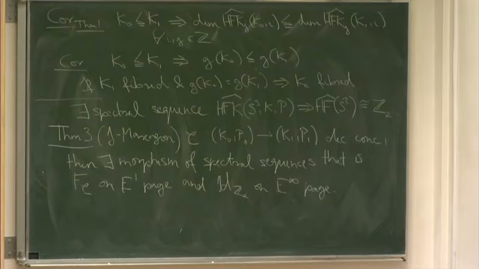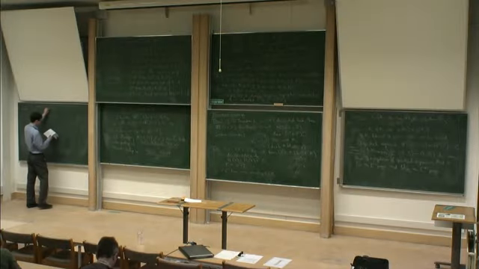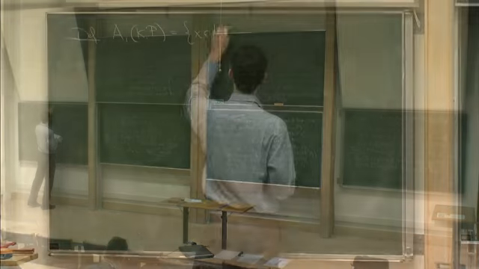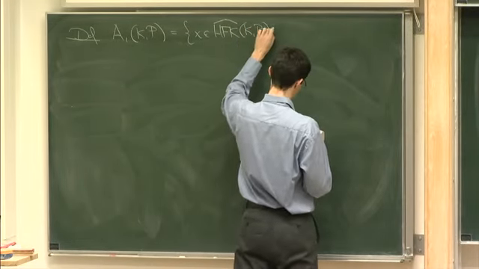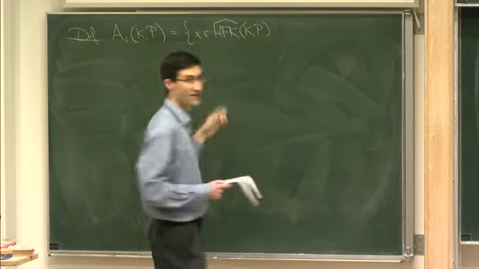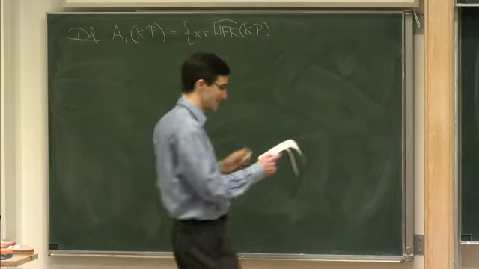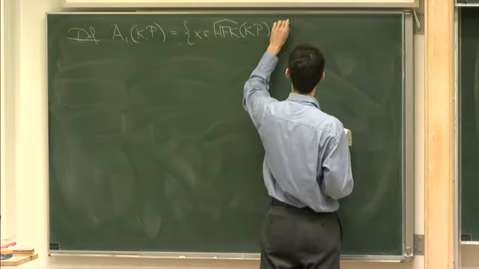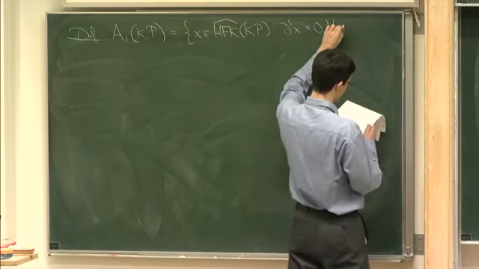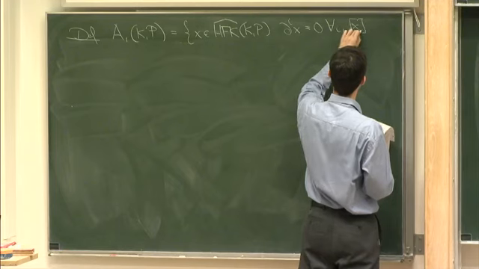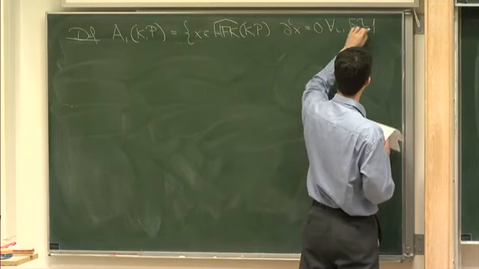So let A1 of k comma p be the set of elements x of the knot Floer homology HFK hat of k comma p such that x survives every page of the spectral sequence, so it is a cycle, and in the limit it represents the generator of HF hat of S3.